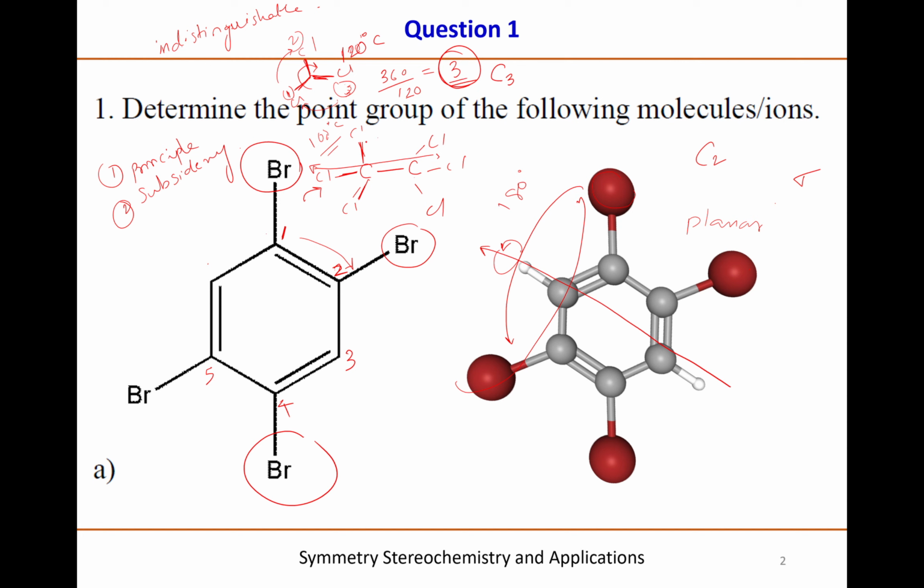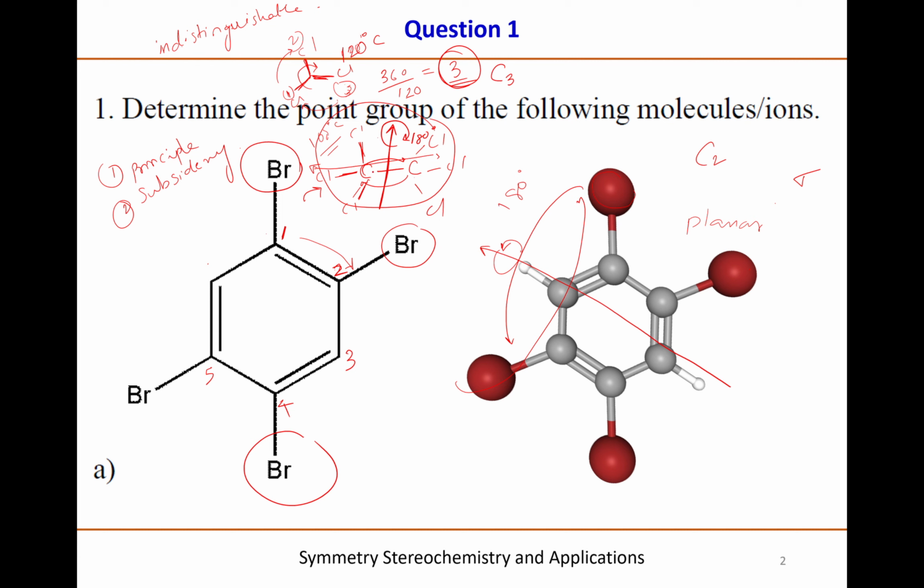Now is any other axis present in this molecule? Yes, we can pass an axis here, and if you rotate by 180 degrees, this carbon will come to this side and this will go to that side, and we again get an indistinguishable structure, right?